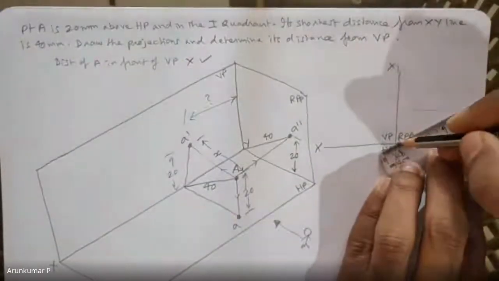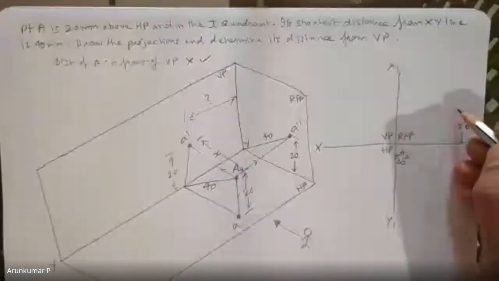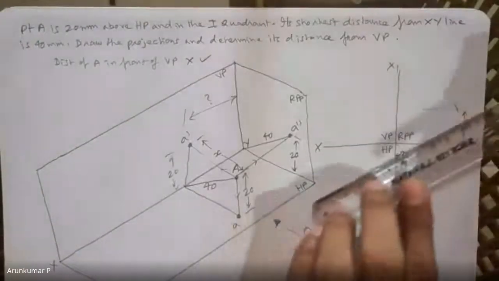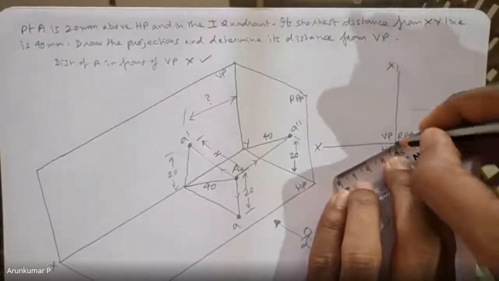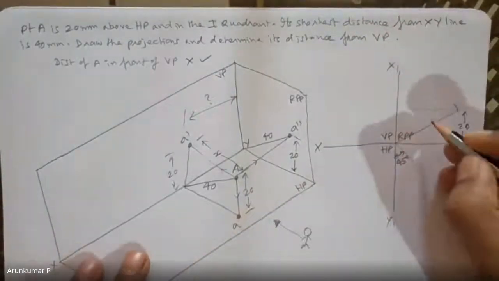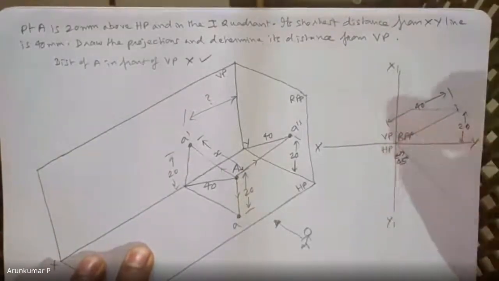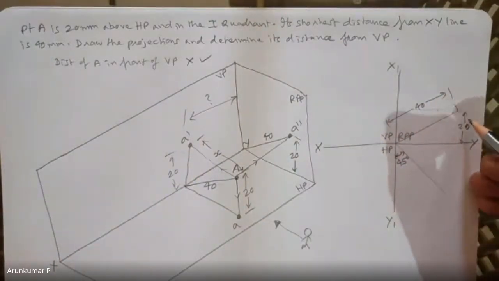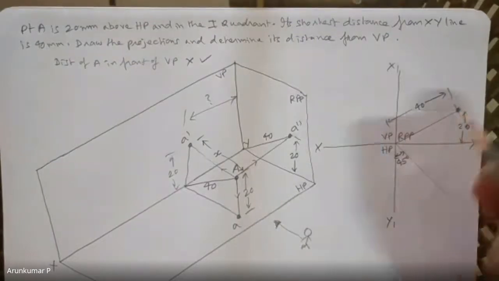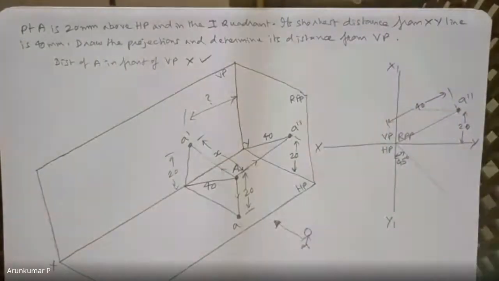Somewhere here. So if I join these two, this is your 40 line, the shortest distance. And where this 40 intersects this 20 line, this point, what is this point? A double dash, your side view.